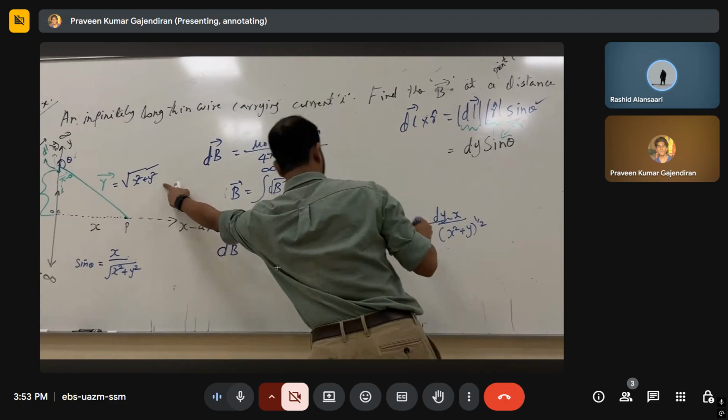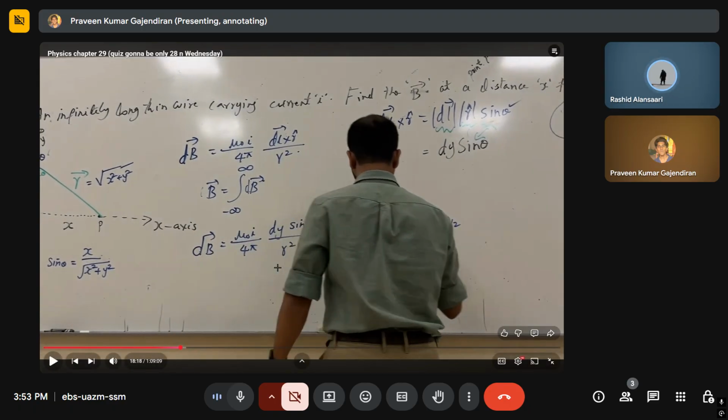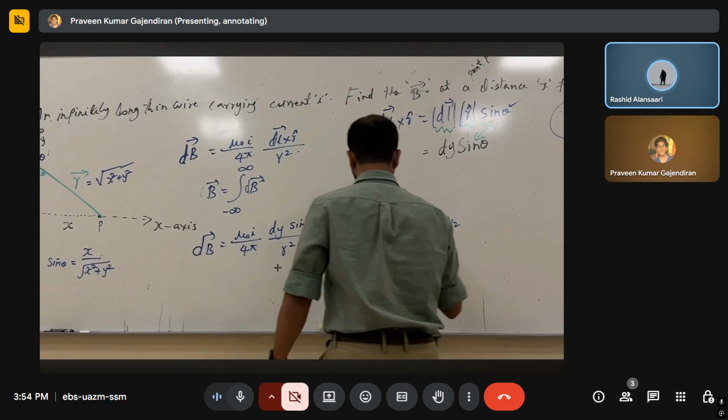It's sine theta because it's opposite over hypotenuse, since it's a cross product. Sine is opposite over hypotenuse. The opposite is x, and the hypotenuse is the square root of x squared plus y squared.